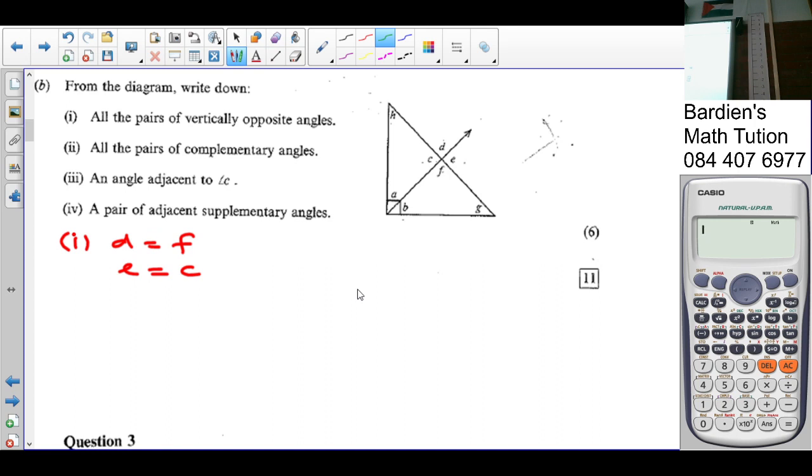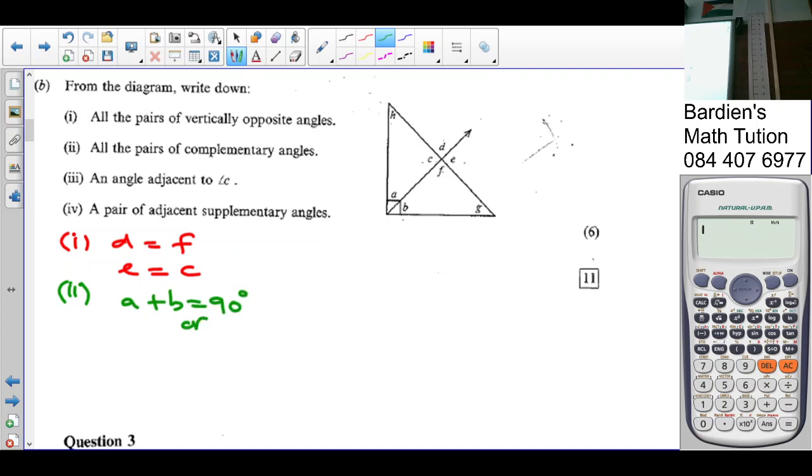Let's look at number 2. All pairs of complementary angles. What does complementary mean? 90 degrees. So which two angles add up to 90 degrees? A and B. So A plus B is 90.